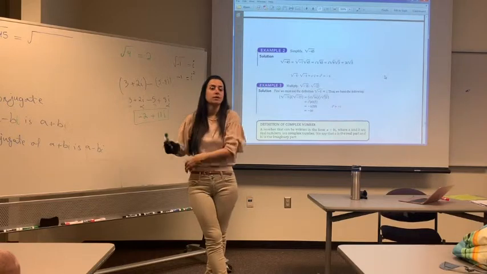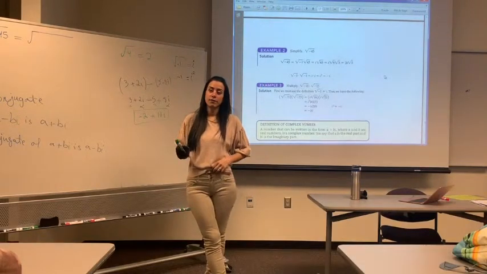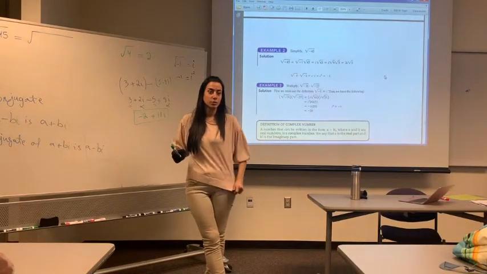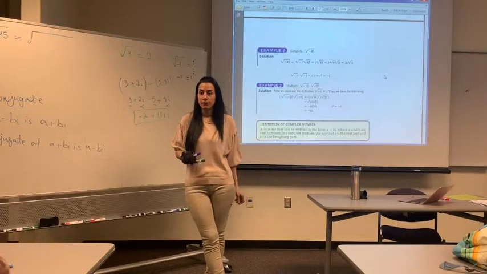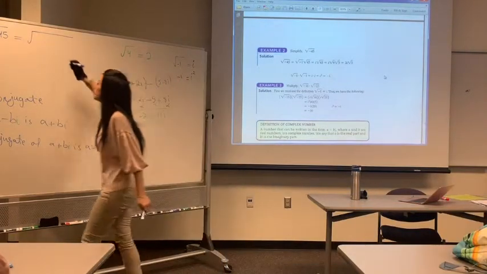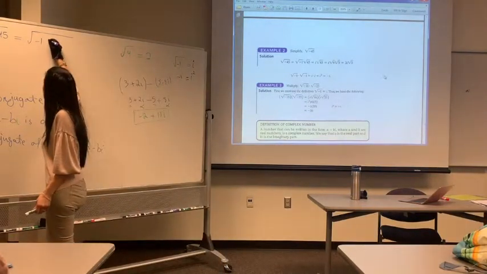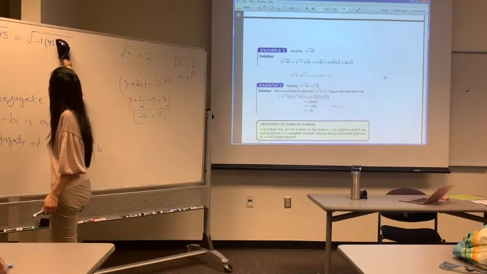So instead of negative 45 here, you will write down negative 1 multiplied by 45, correct?